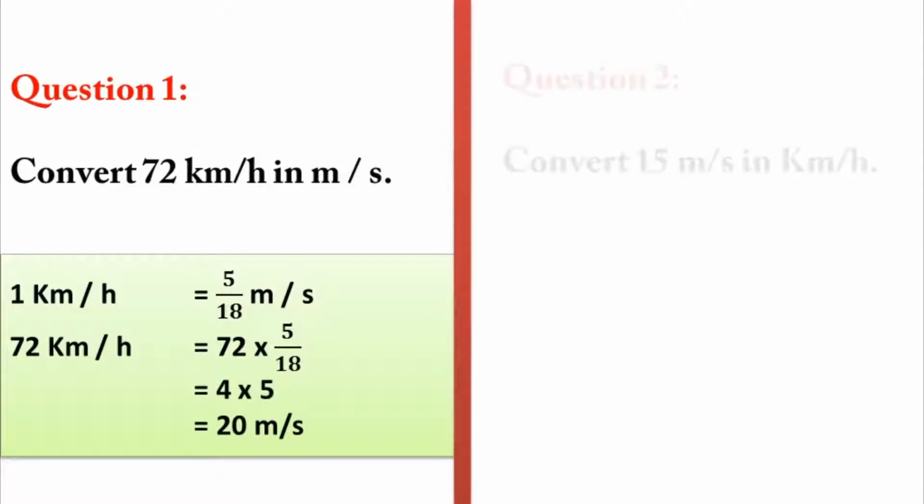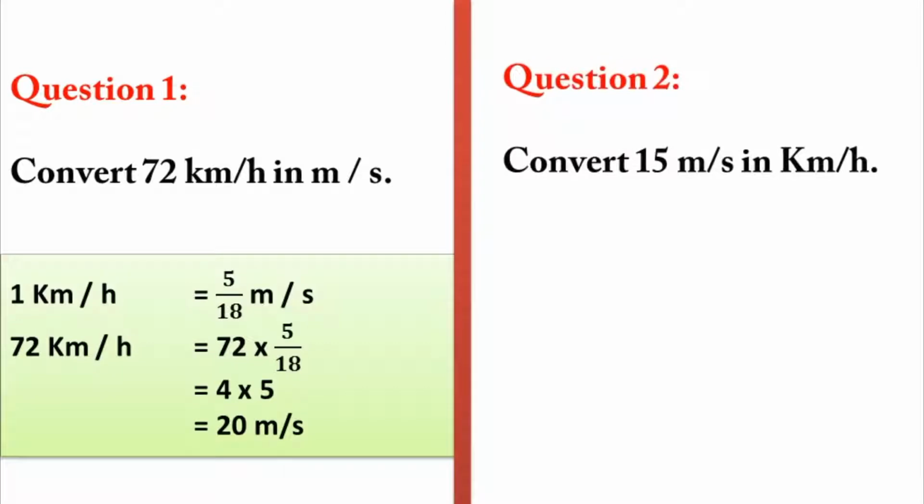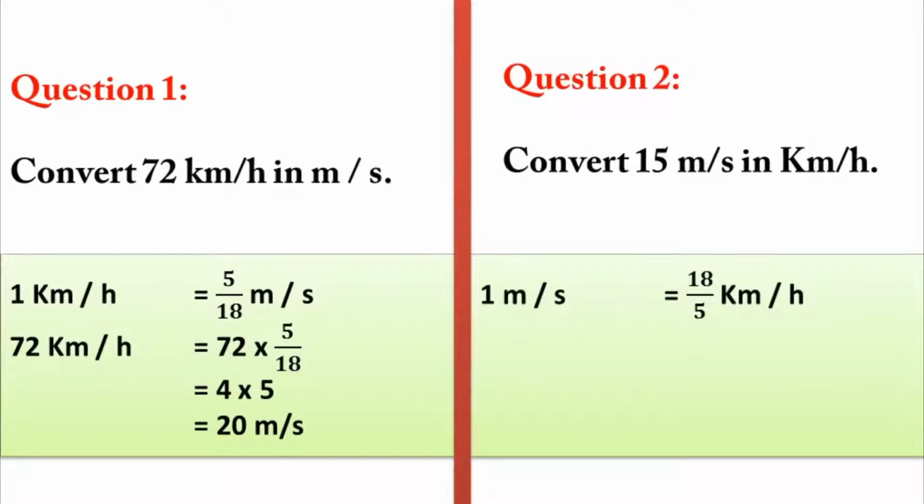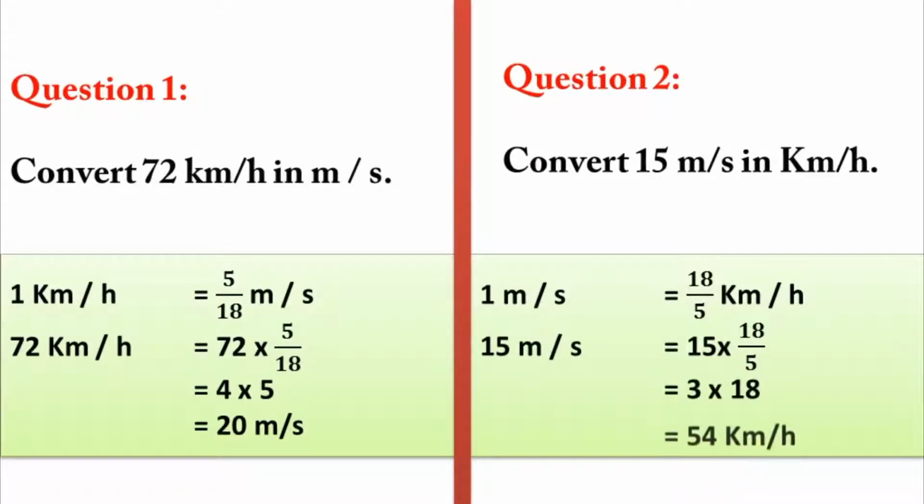And question number 2, convert 15 meter per second into kilometer per hour. As we have already studied, 1 meter per second is equal to 18 by 5 kilometer per hour. So 15 multiplied by 18 by 5 is equal to 54 kilometer per hour. I hope you have understood it.